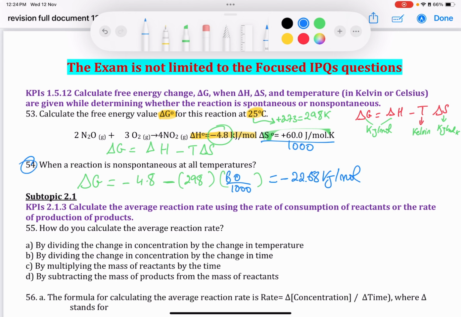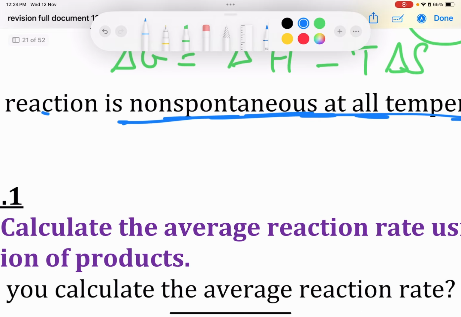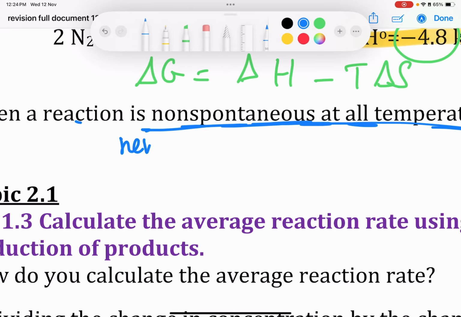So that's the answer for question 53. Now let me provide space for question 54. When a reaction is non-spontaneous at all temperatures, which means when a reaction is never spontaneous.